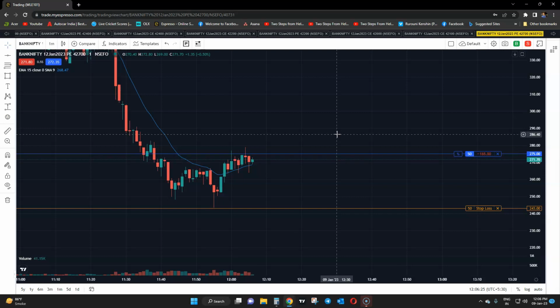And in case it goes in my favor, which it should ideally, because I've been a good boy, I'm just going to get the stop up to maybe 280, 290 and wait. That's the limit of scalps that I'm going to focus on.